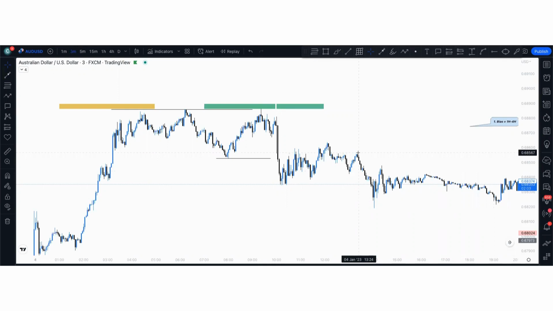For me, I need to check if it's in a premium or discount zone. If I buy this, am I entering in a discounted zone? Or if I sell this one, am I entering in a premium zone? Because you only sell in a premium zone, right?